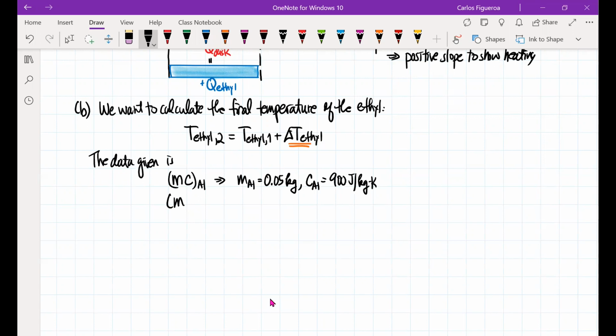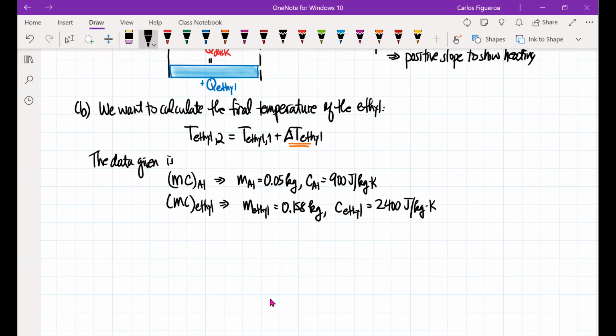And then for the ethyl alcohol, the mass of the ethyl is equal to 158 grams, and its heat capacity is 2400 joules per kilogram degrees C or Kelvin.